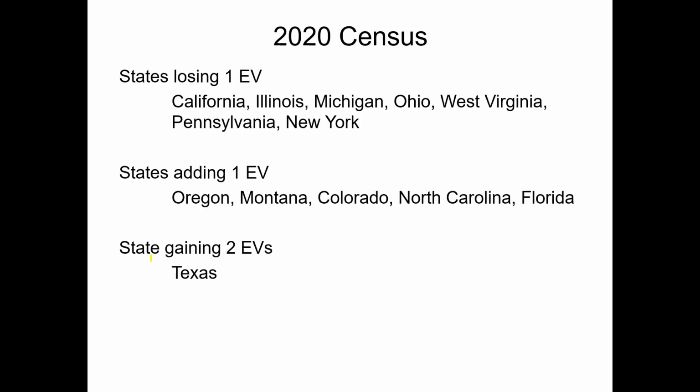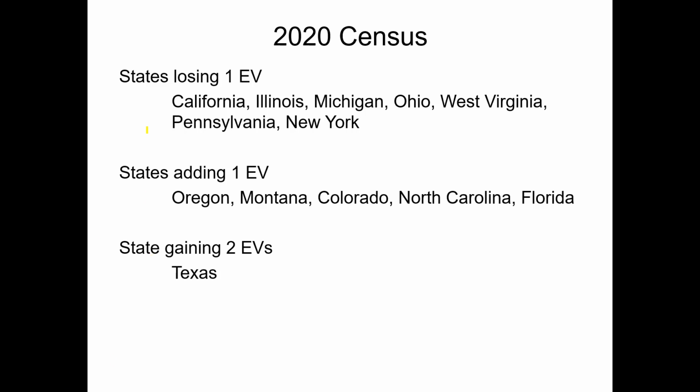Every 10 years we have a census, and that's when the representation, particularly in the House of Representatives, has to get adjusted. We've capped the number of representatives for quite a while at 435. It'll stay at that number unless we add a new state. So with each census every 10 years, there's an adjustment.